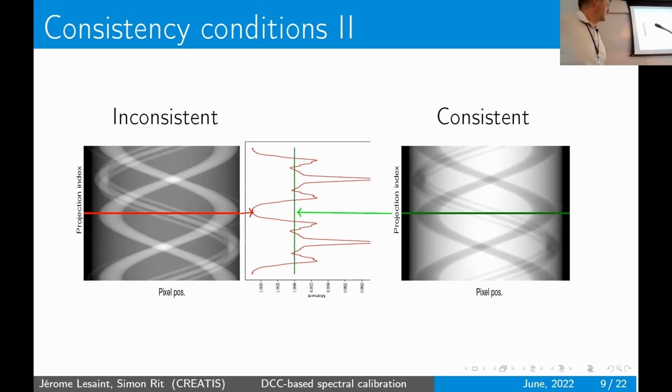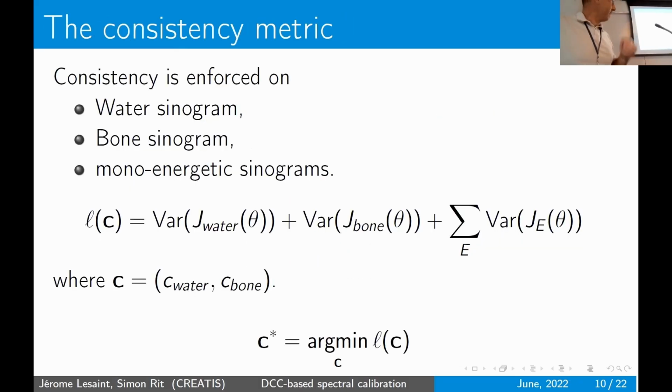Since the red curve is not constant, we can say that the low energy sinogram is not consistent, which is expected since we have a spectrum. On the contrary, on the right-hand side, this is the pure water sinogram that was used for the simulation. If we compute the same function, this sinogram is consistent, and since it is consistent, the corresponding function is constant.